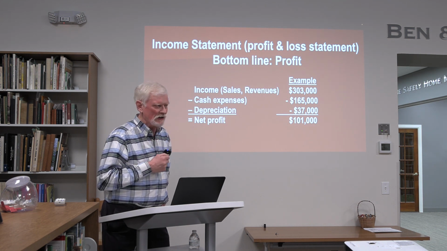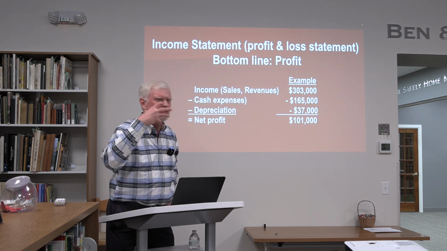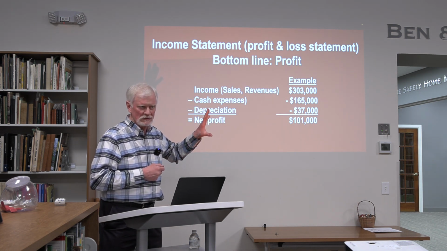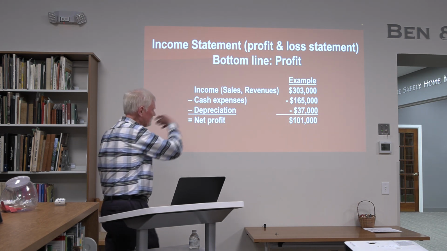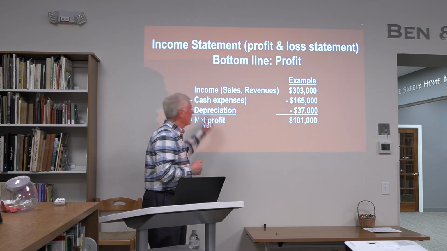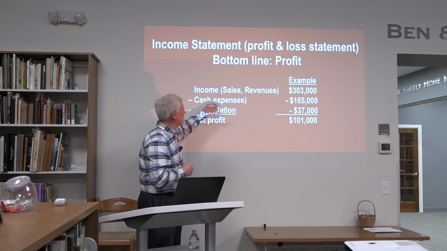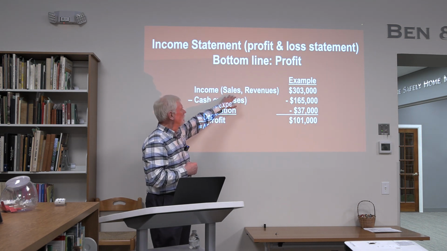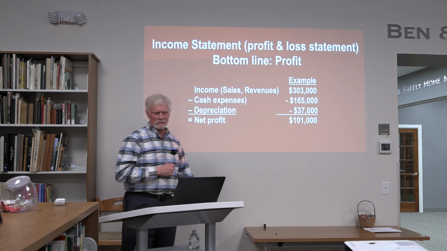No, that is not revenue, because you don't normally do that. This is from products and services you produce, okay? An example, $300,000. Cash expenses: this is any inputs required to generate the sales or revenues.